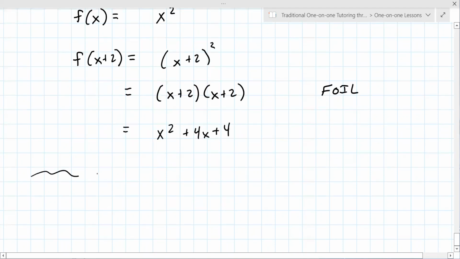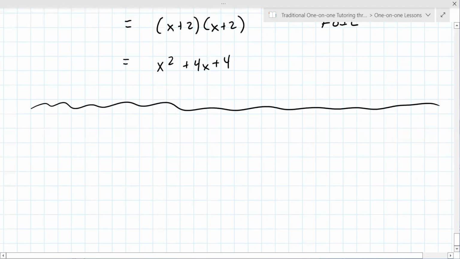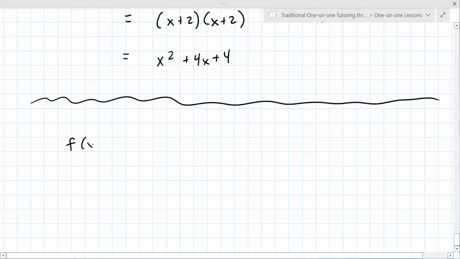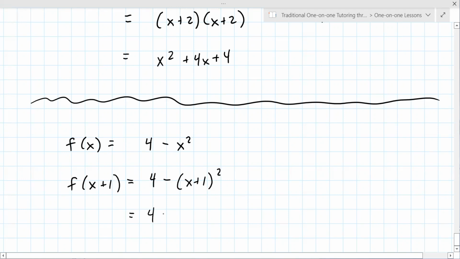So if that was clear, imagine I give you something like this. I say, okay, f of x equals 4 minus x squared. What is f of x plus 1? It would be 4 minus, wherever you see an x, replace with x plus 1 squared. And this time, you want to always write it out. And then you have to pretend like there's almost like an extra set of parentheses here.